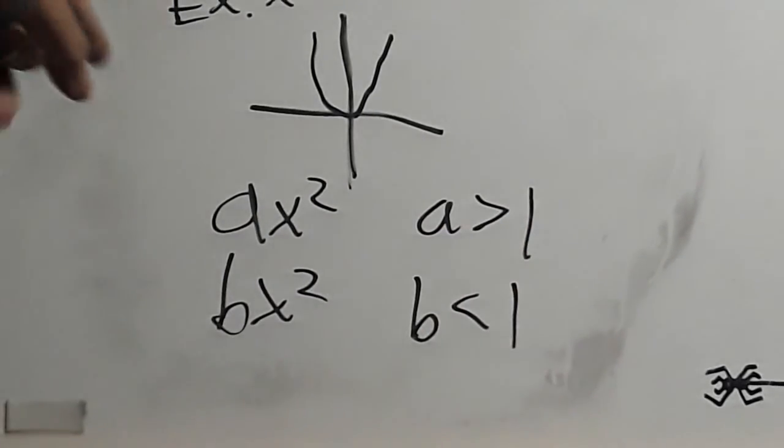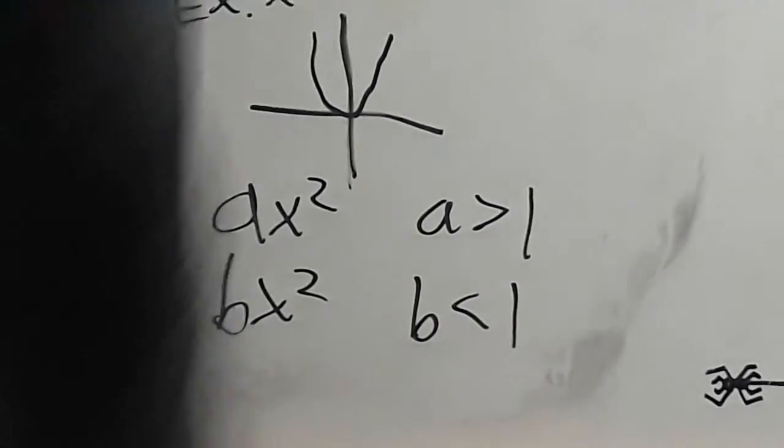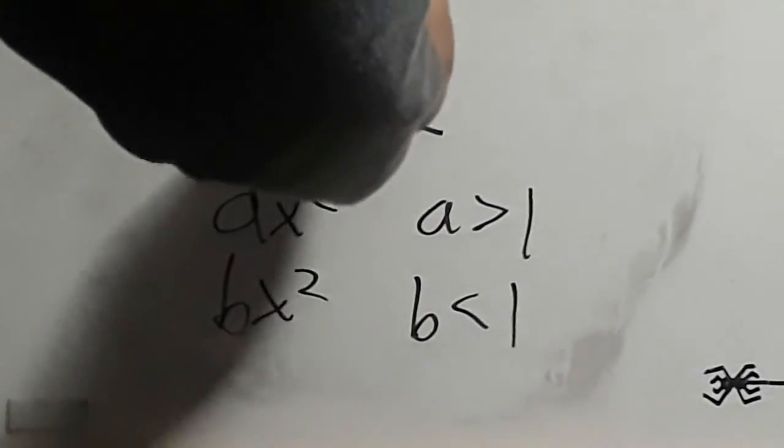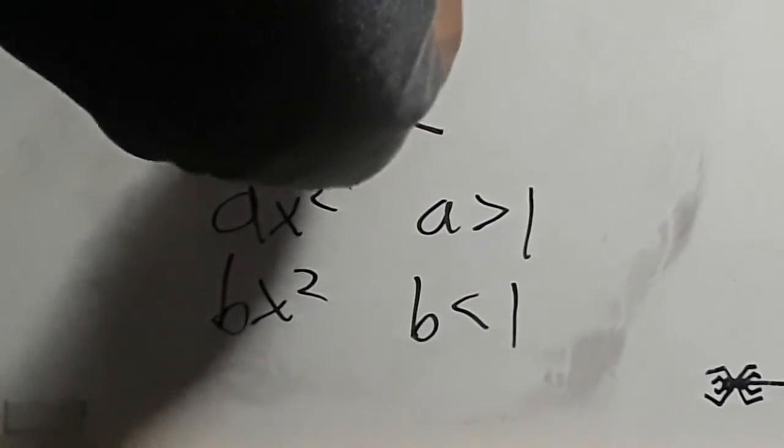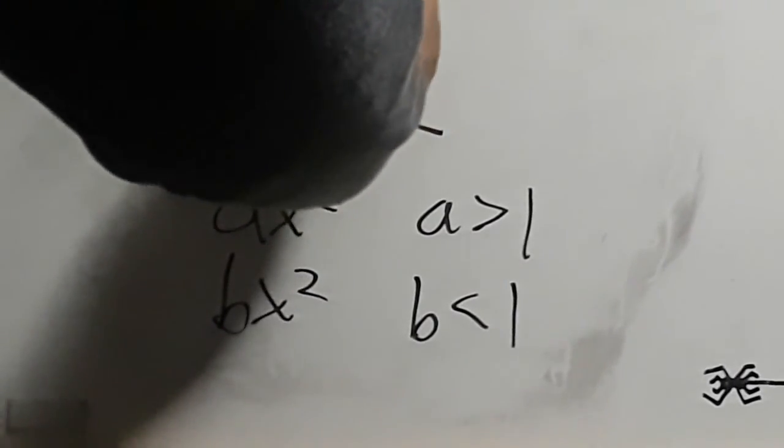The first one, ax squared, a being greater than 1, is what we call a compression. A compression will do this. It will start making it thinner and thinner, and it will start covering this area.